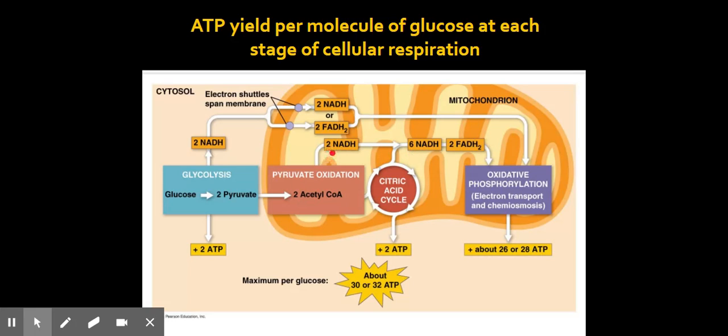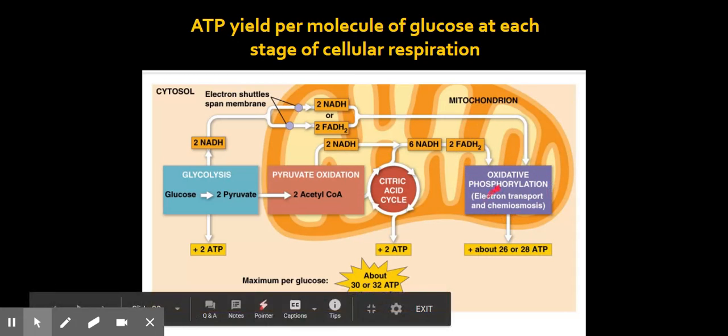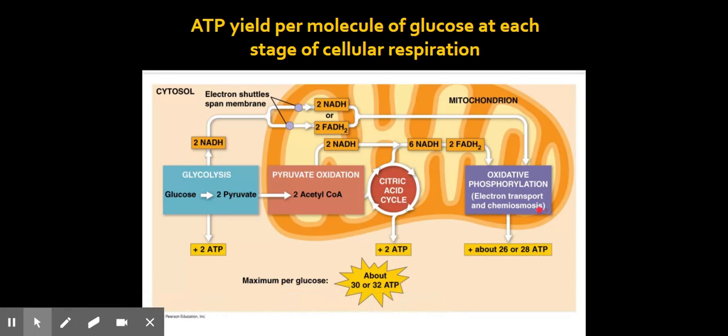From our pyruvate oxidation, we have 2 NADH molecules. Again, our electron acceptors over here, along with the original NADH molecules from our first round, they're all going to come over here to our oxidative phosphorylation process where they drop off their electrons through the electron transport chain, where it couples with oxygen and we have water released.